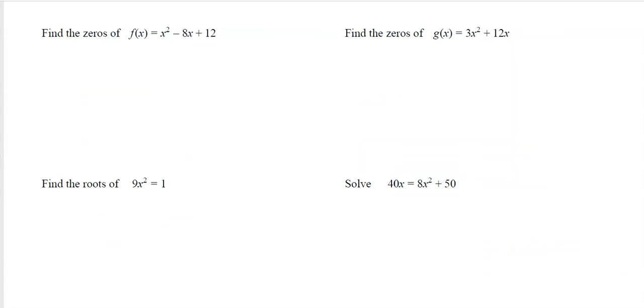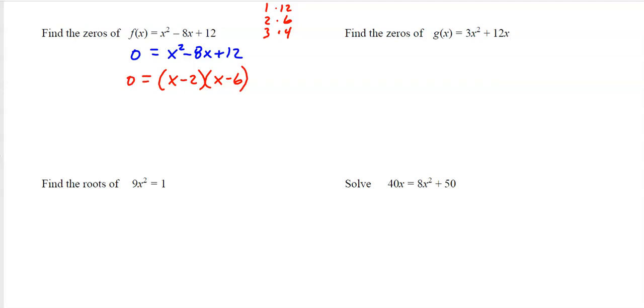First thing is I set it equal to 0. I need to find two numbers that multiply to make 12 and add together to make -8. You might get to them really quick, but I'm going to list out the factors of 12. You have 1 and 12, 2 and 6, 3 and 4. I think 2 and 6 could work, especially if they're both negative, because I noticed the middle term is negative.